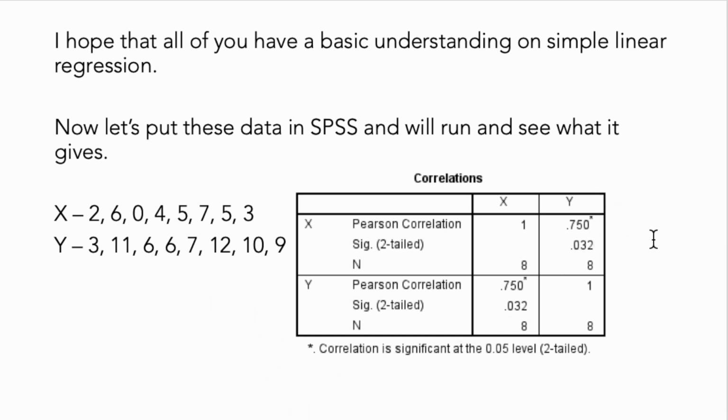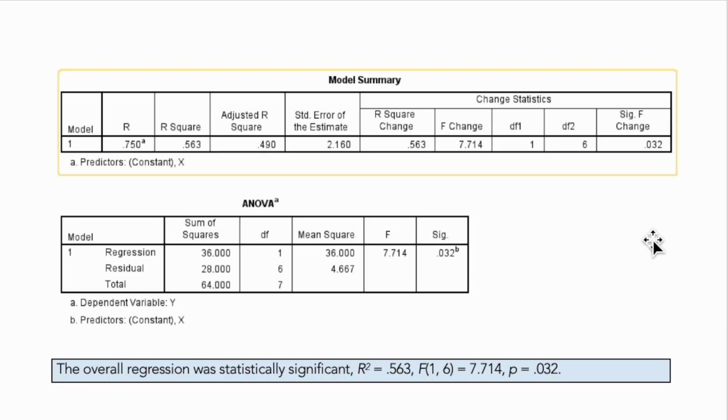So the correlation is 0.750, and this is the correlation. R squared is 0.563. Standard error estimate we have here 2.1. Here you have the F value, numerator DF, denominator DF, significance.